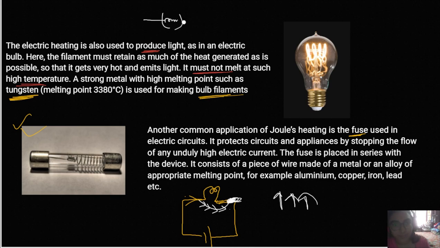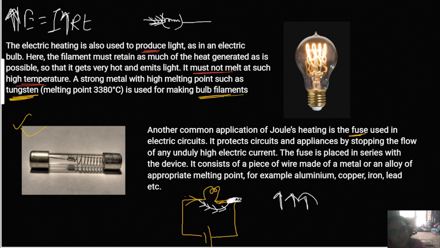For example, if this is a fuse, when too much current is flowing, then you know that by the formula E equals I square RT, too much current means too much heat energy generated. And when too much heat energy is generated, this fuse melts. So what we get is an open circuit.